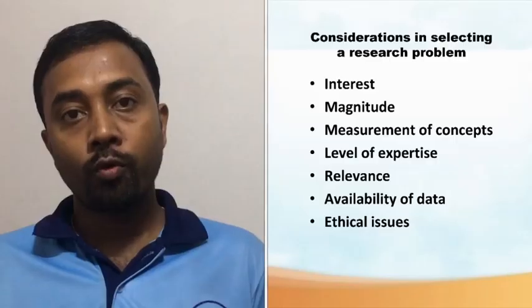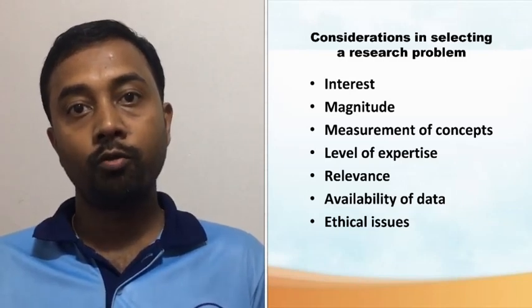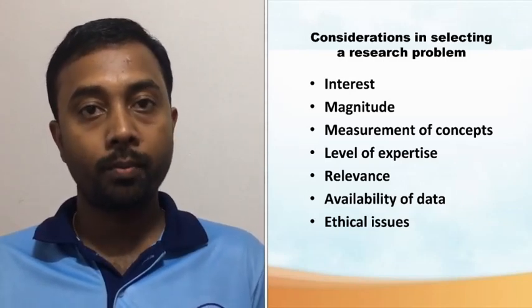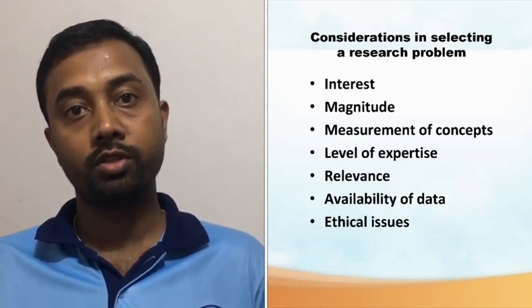Now let us see what should be considered when creating a research problem. The consideration, we can divide it into two. One is considering as an individual and considering as a research problem. For a researcher or an individual, for creating a research problem, there are four main factors which influence.